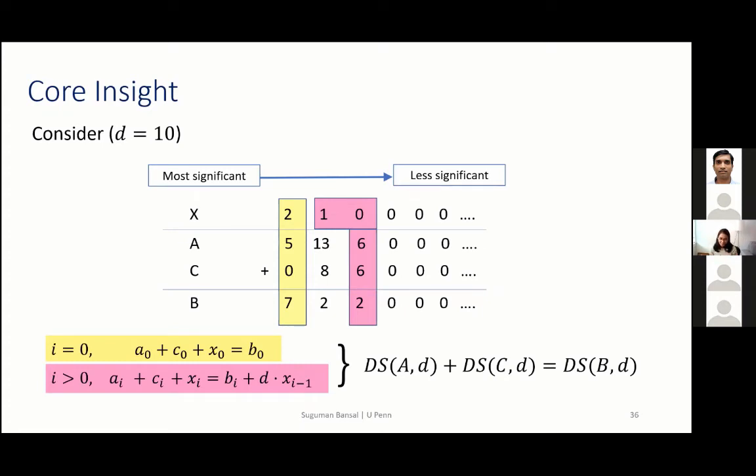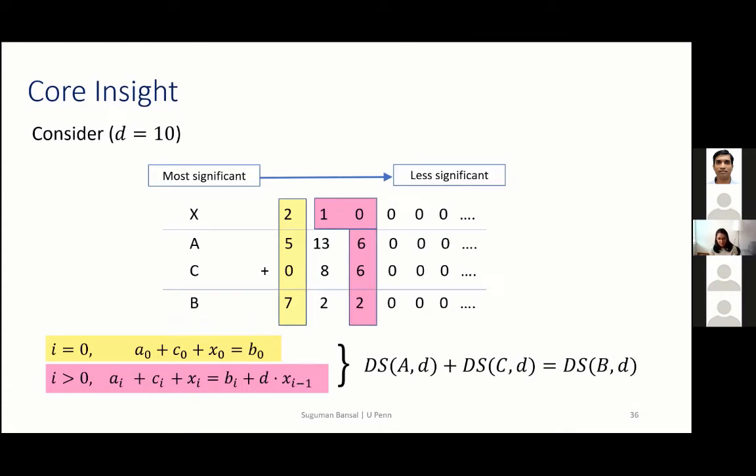Okay, so you have to verify that the carry that you've guessed is correct, and that can be done locally, using just these two equations. At the first column, we just need the yellow equation to be correct. At every column after, the only memory we need from the previous stage is the carry value of the immediately previous column, which is why the pink equation has that Markovian structure.